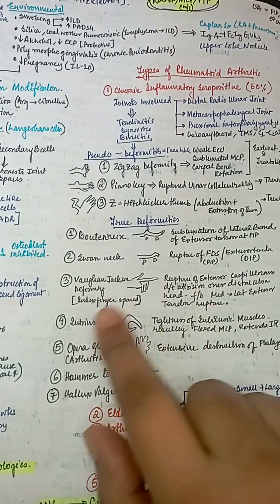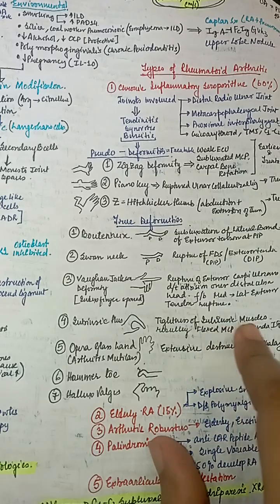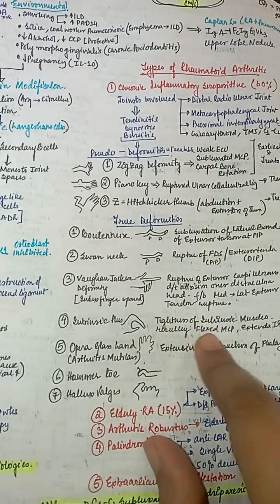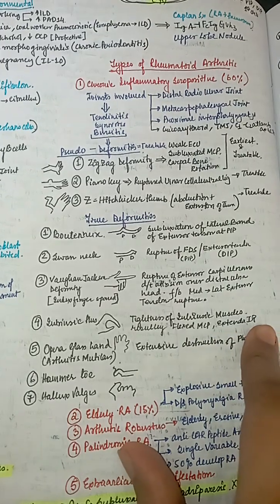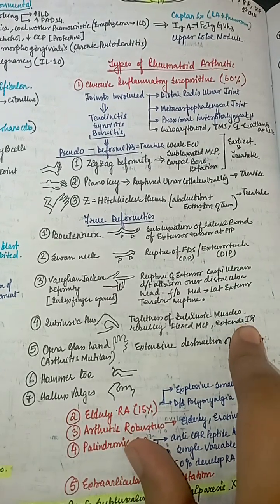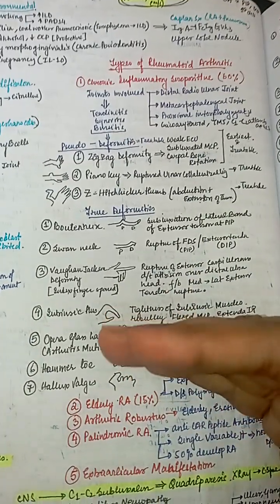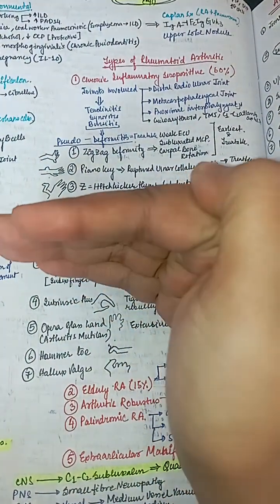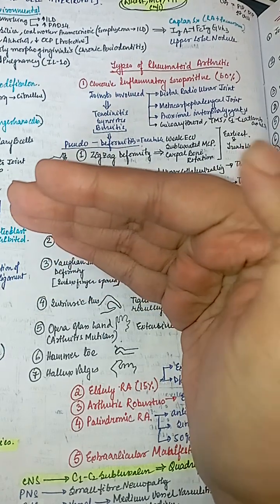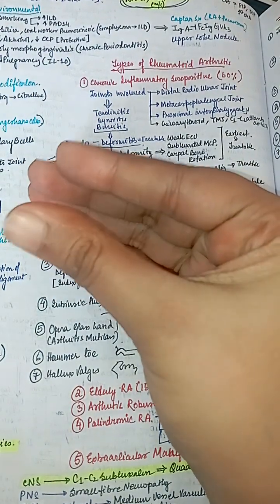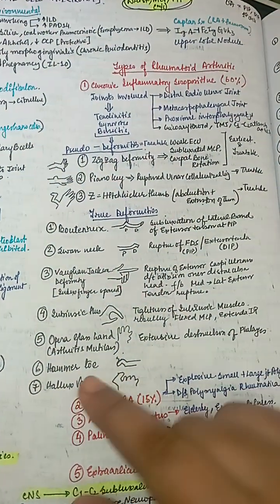Index finger is spared. Intrinsic plus deformity is due to the tightness of the intrinsic muscle, resulting in flexed metacarpophalangeal joint and extended interphalangeal joints. This is causing the intrinsic plus deformity.